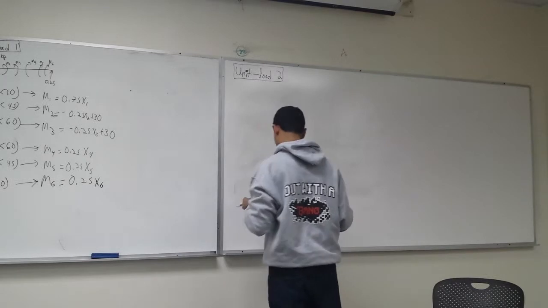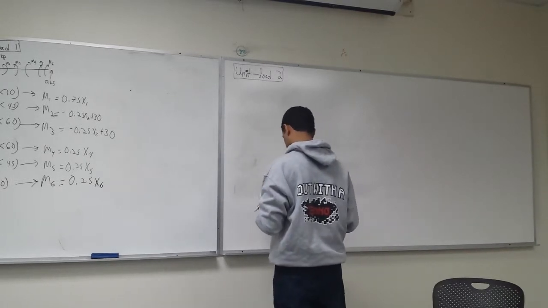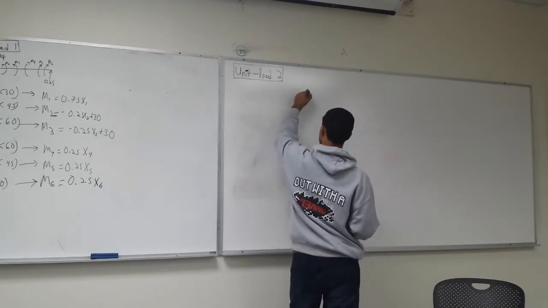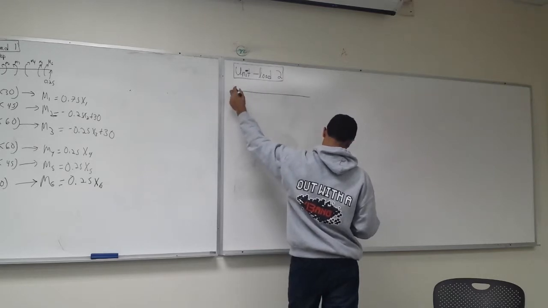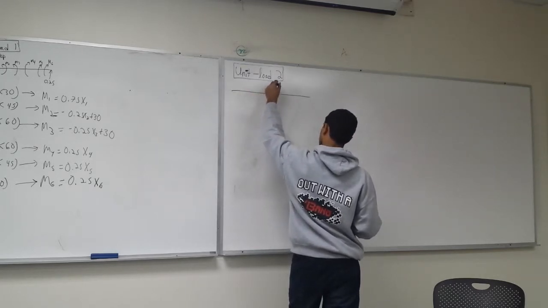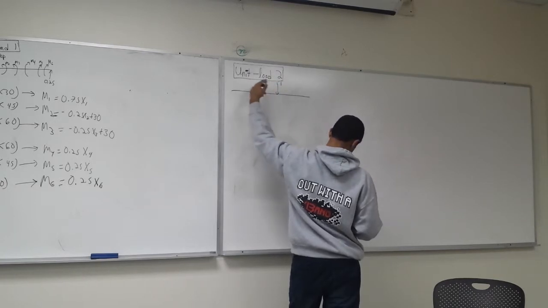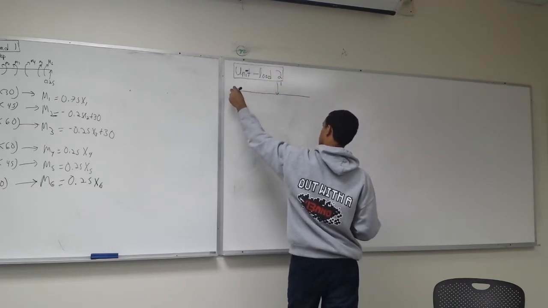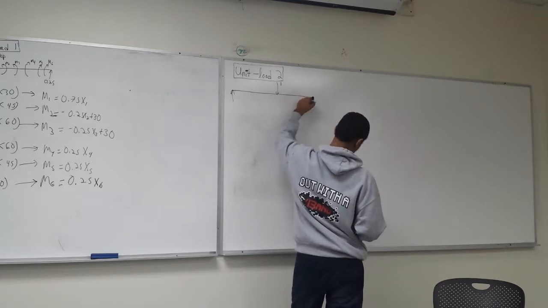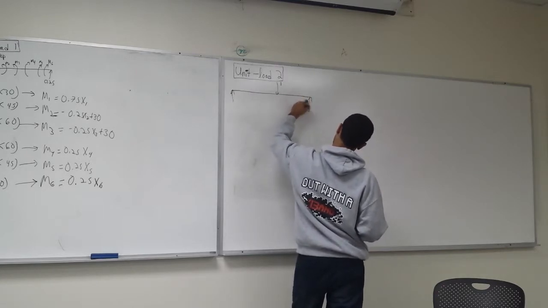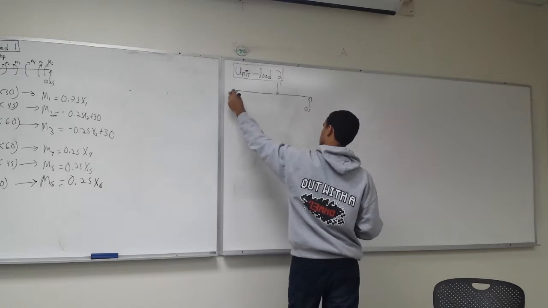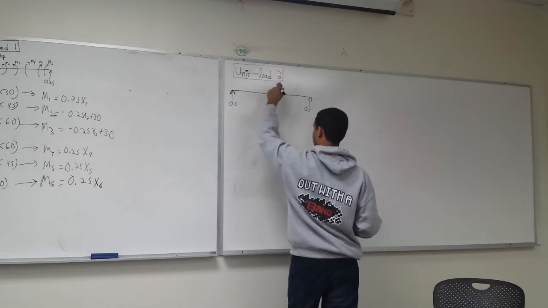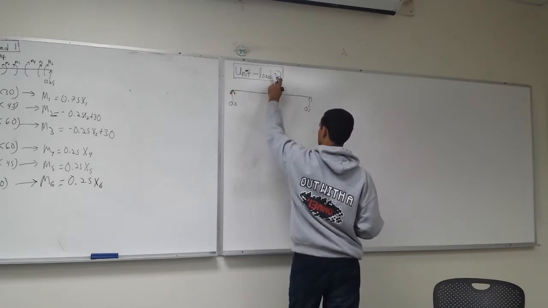Unit load 2, we have this beam, with a 1 kip load acting over here. We have 2 supports going up at 0.5 kips, since this is acting right at the midpoint of the beam.